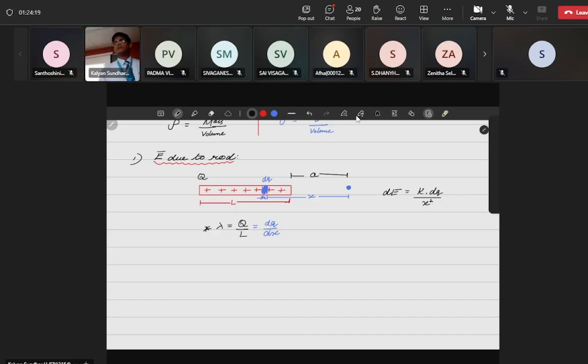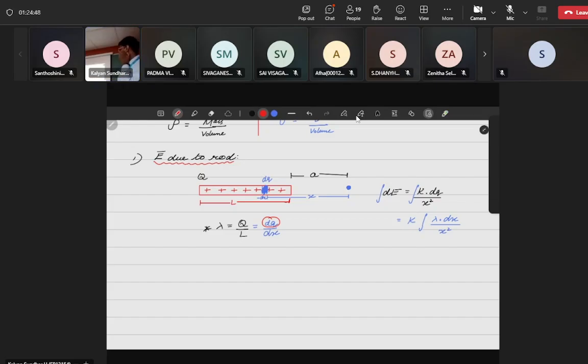The distance between them is x, and dx is the small thickness we have taken. Now we have to integrate on both sides. So k I can take as common, and instead of dq I can write lambda into dx divided by x square.